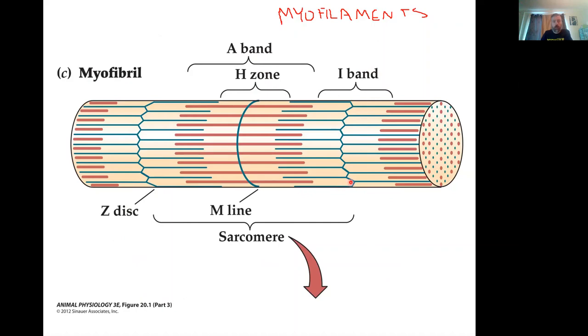Coming off in either direction from the Z disc, coming this way and also going this way, are our thin filaments. So where we have just thin filaments, a lot of light is going to pass through here. There's not a lot of material in the way. And so on a slide, it shows up very bright. So we refer to this as the I band.